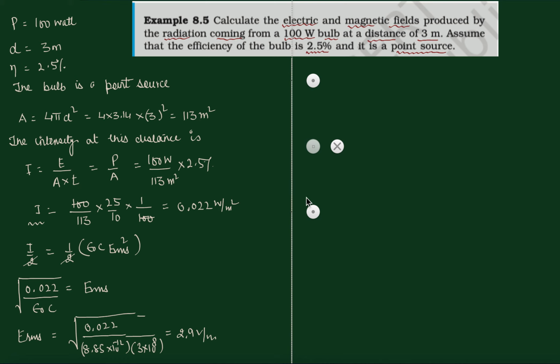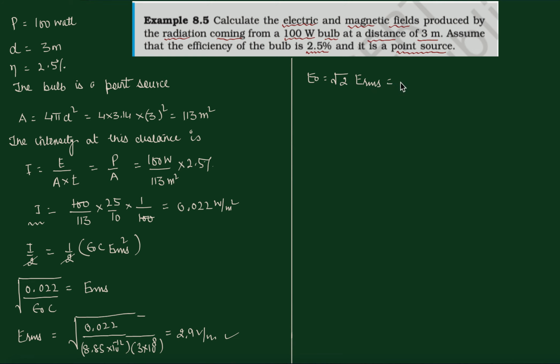Okay, so the value of E found above is the root mean square value of the electric field, and because the electric field in the light beam is sinusoidal, the peak value of electric field is √2 times the root mean square value of electric field.